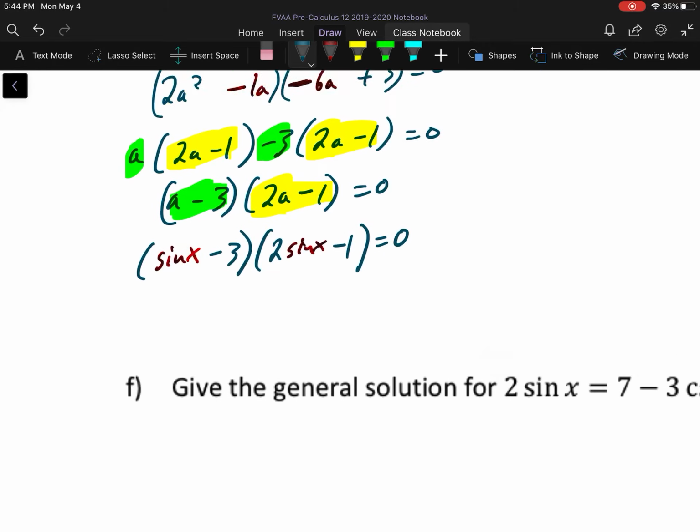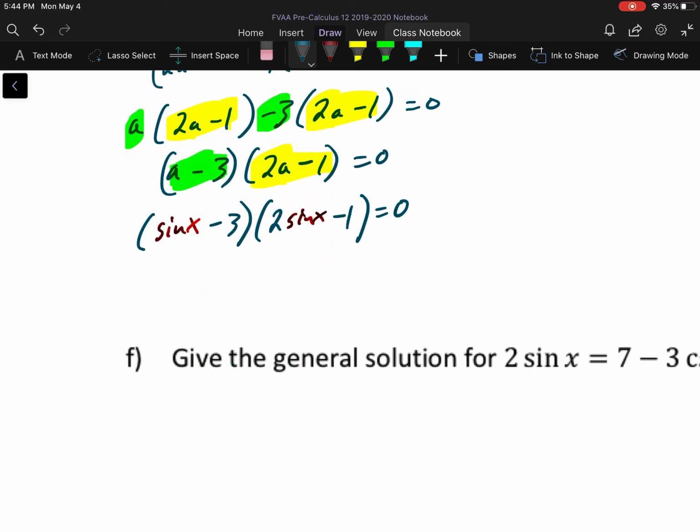So here, first of all, sine x minus 3 is equal to 0, plus 3, sine x is equal to 3. Where on the unit circle is sine x? At what angle would sine x be equal to 3? Hopefully your answer is there are no possible answers there.